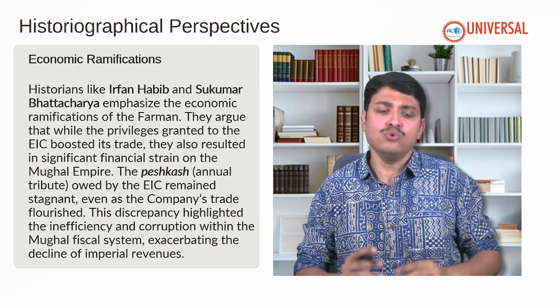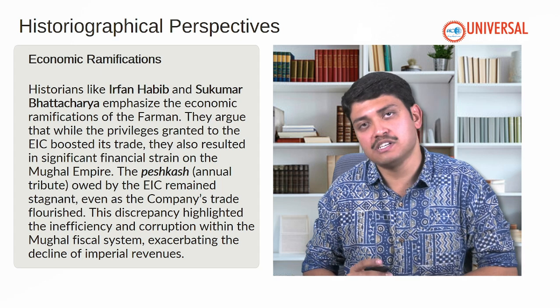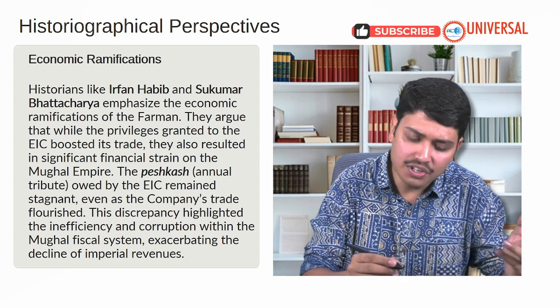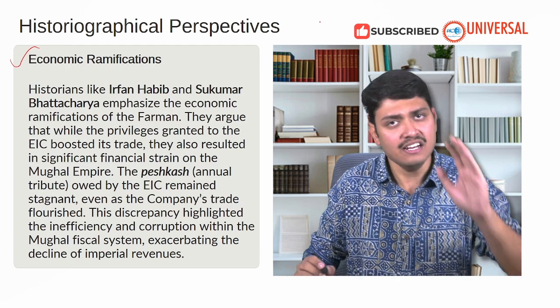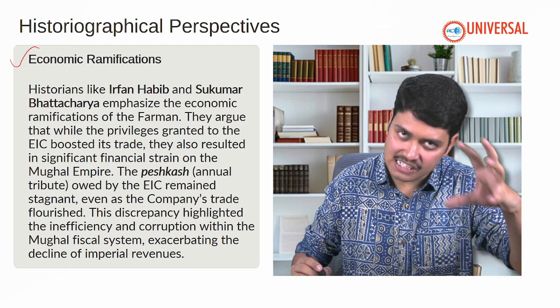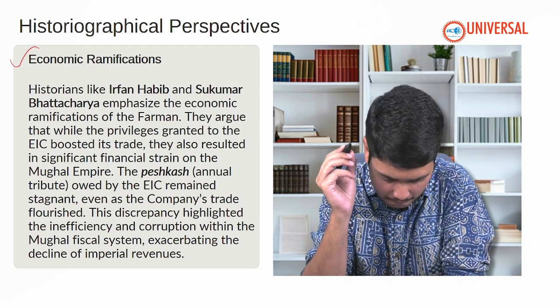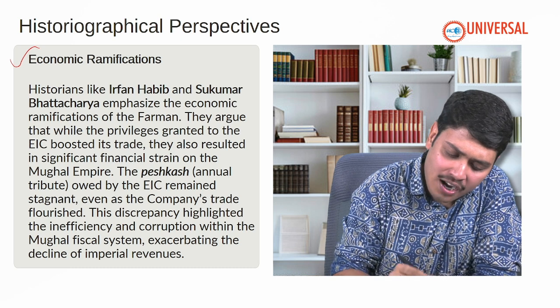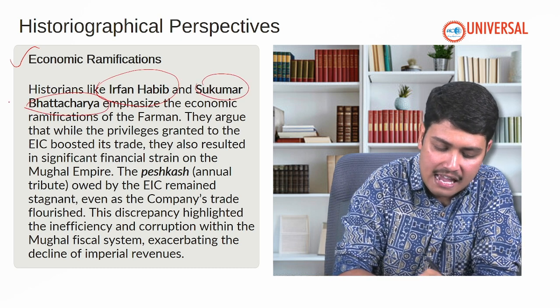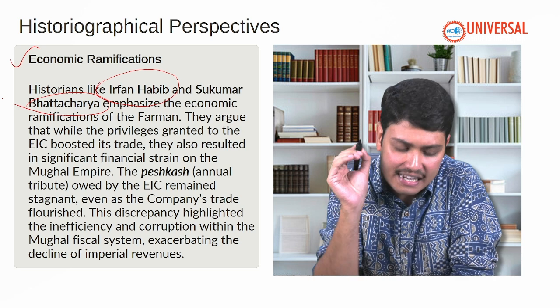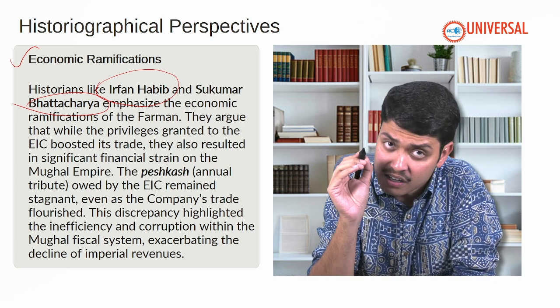Now we come to the historiographical perspectives, as to how different historians have addressed this topic in different ways, this issuance of Farrukhsiyar's Farman. Historians like Irfan Habib and Sukumar Bhattacharya have emphasized the economic ramifications of the Farman.